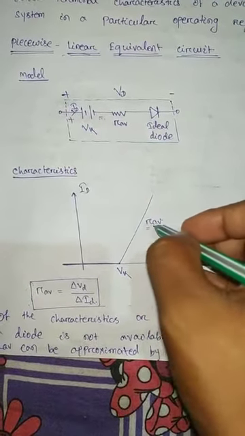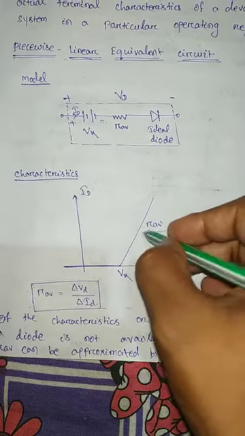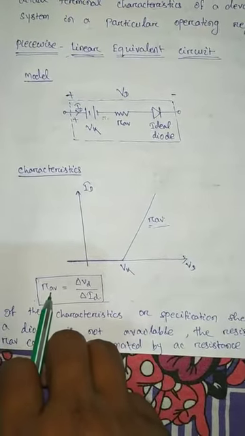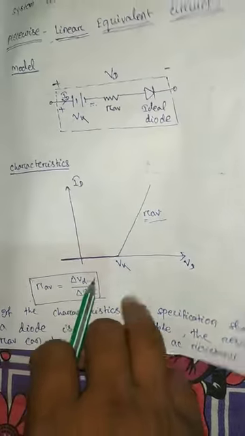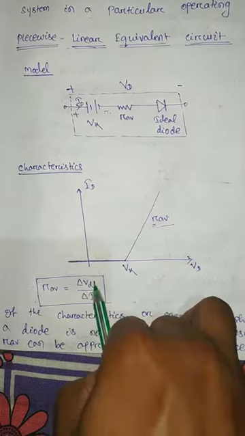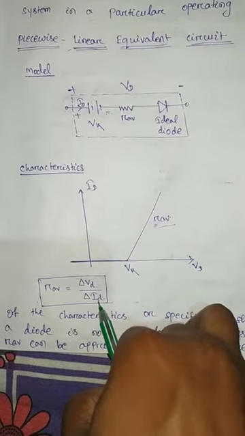We know that the average resistance of the diode can be found using the equation R average equals delta Vd divided by delta Id, that is, change in voltage divided by change in current.